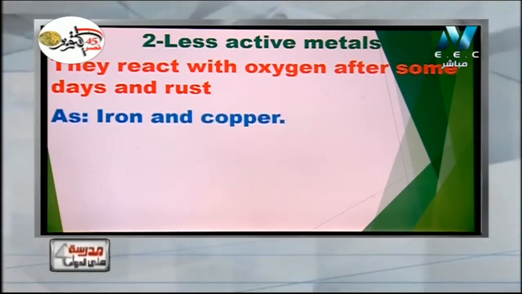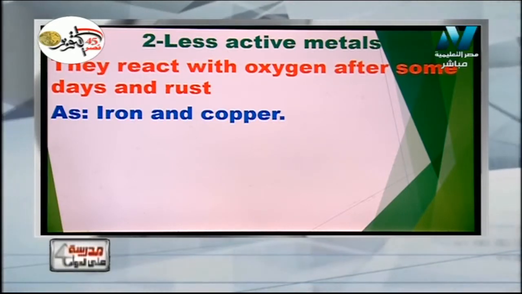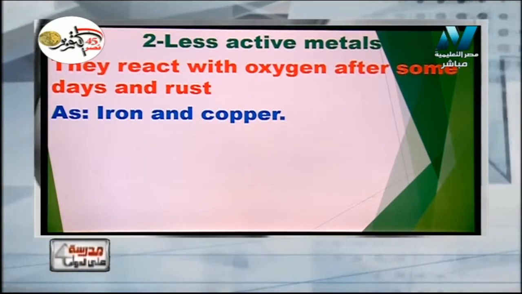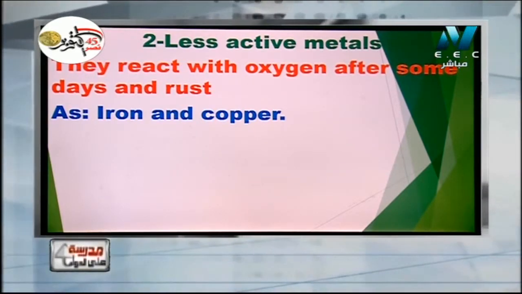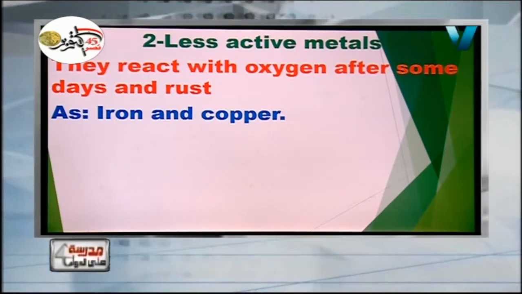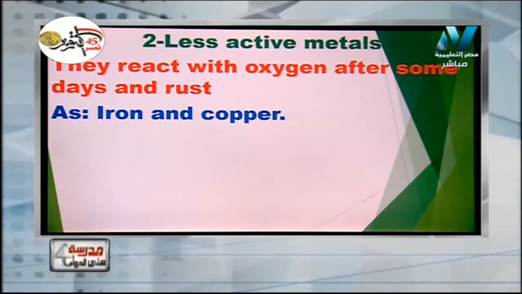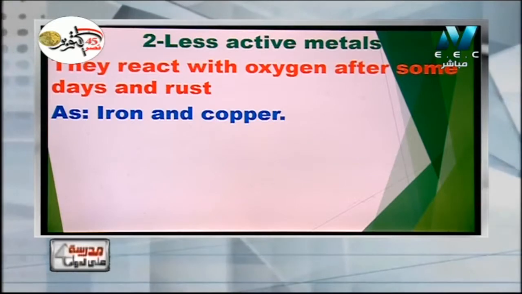Like iron and copper. It's a problem that we face when we leave iron in air. Iron will react with oxygen of air after some days and form a brown layer that is called iron oxide, and it causes damage of iron.